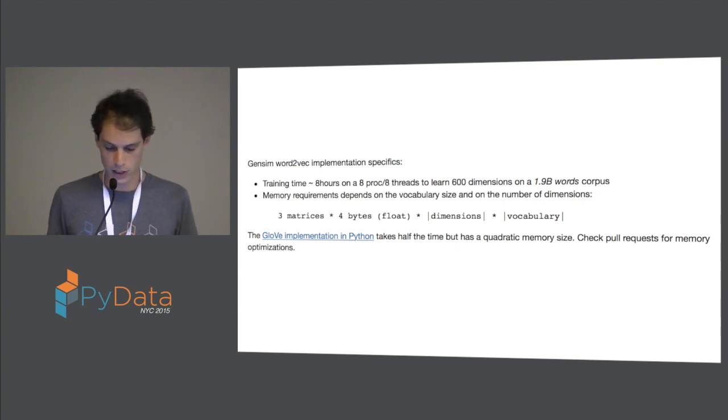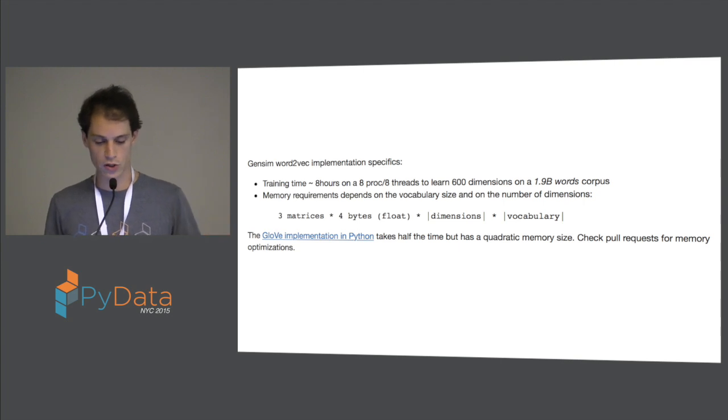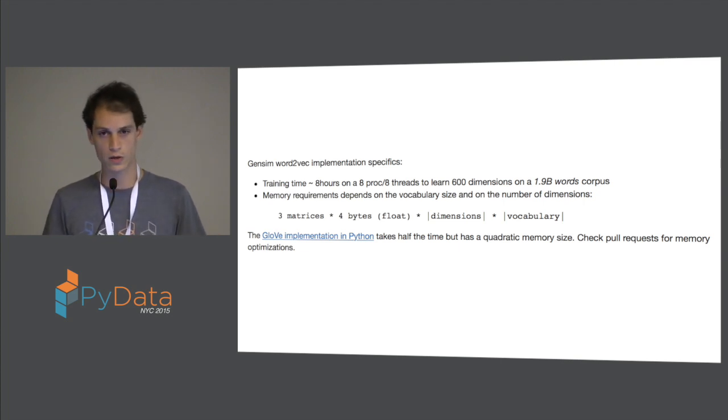The GloVe implementation is faster, but the original Python implementation has quadratic memory size, but again, there are some pull requests for optimizations in here. GloVe has that nice feature that if you stop the training, you already have some partially good results, compared to word2vec that requires that you complete the training in order to get some good results.